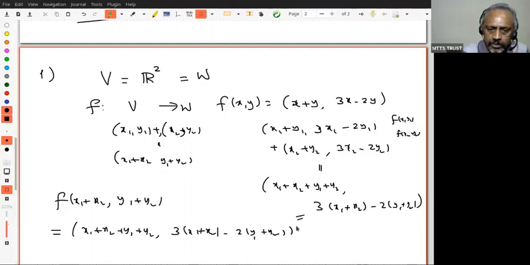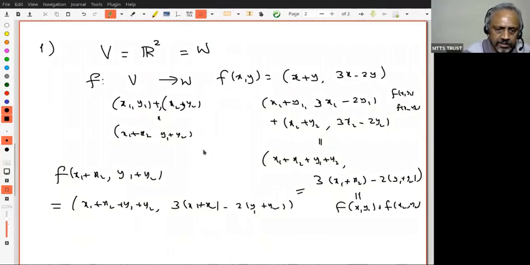So are they equal? Yeah, because this is f of (x1, y1) plus f of (x2, y2), and this is f of (x1 plus x2, y1 plus y2). They are equal. Therefore, f respects vector addition, or preserves it.